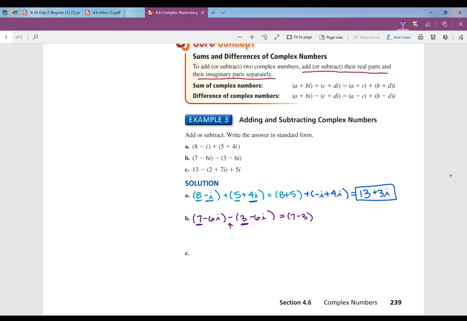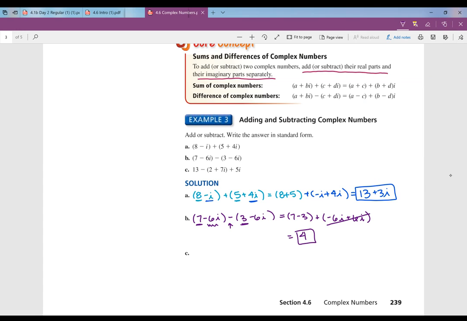And then for our imaginary, we have negative 6i minus negative 6i. And we all know minus a negative means plus 6i. Okay, negative 6i plus 6i, those are going to cancel. So our answer is 7 minus 3, which is 4.